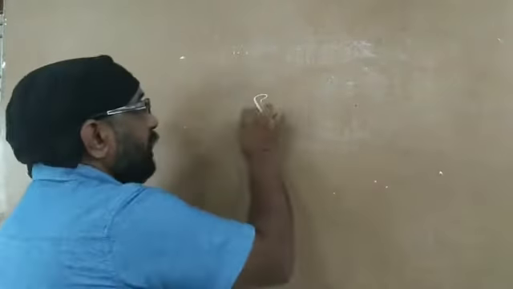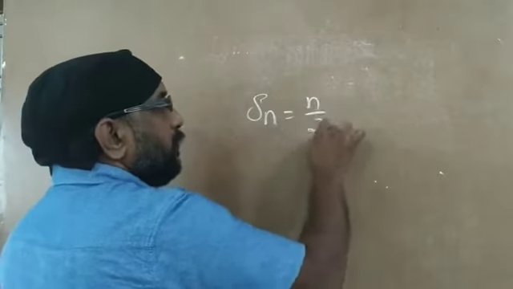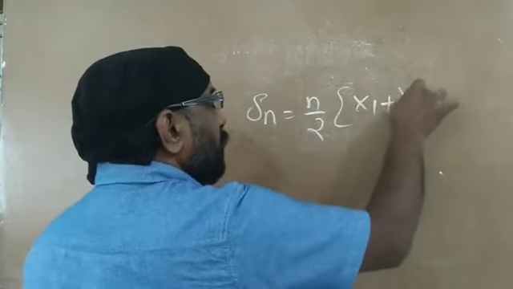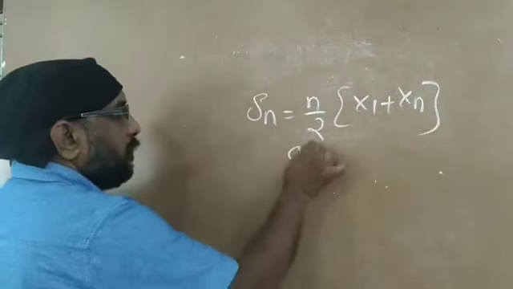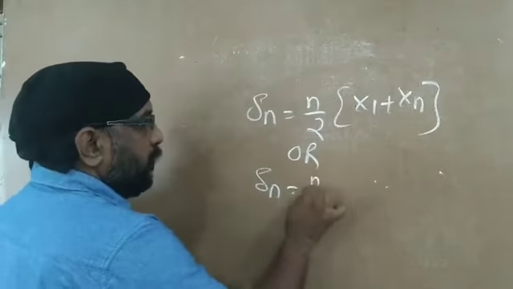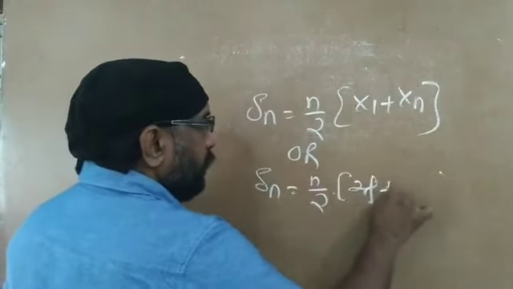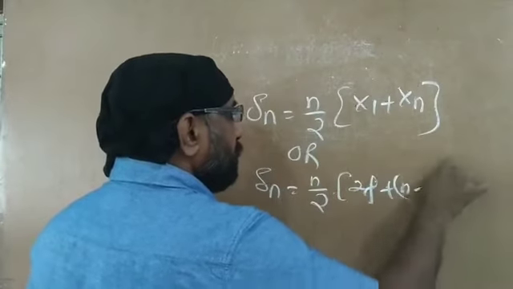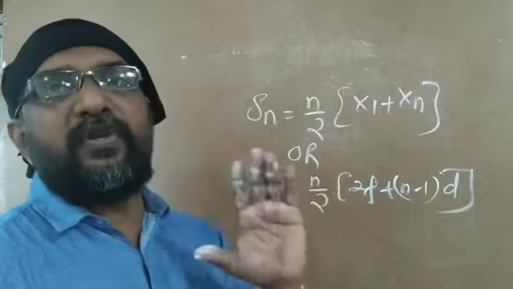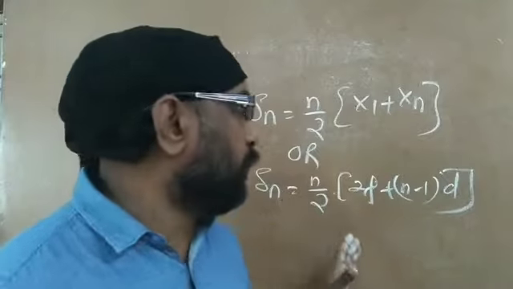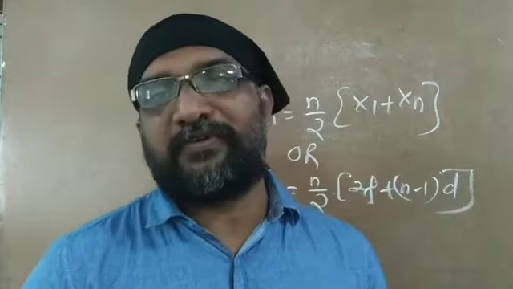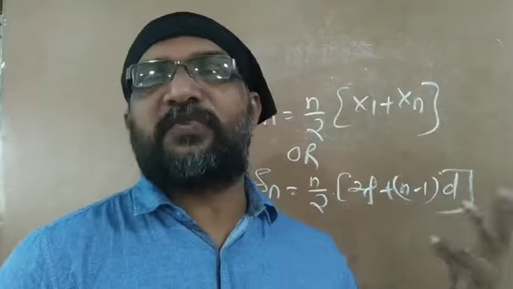The first formula Sn is equal to n by 2 into (x1 plus xn), or Sn is equal to n by 2 into (2f plus (n minus 1) into d). You have to learn all these things to do problems in your first chapter. Learn these ideas first.